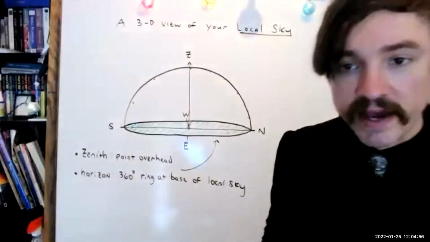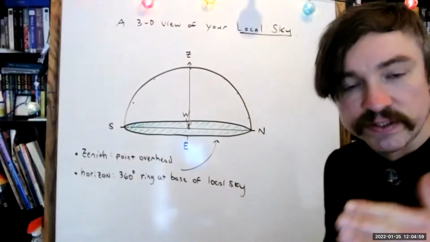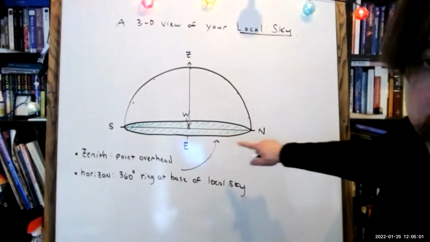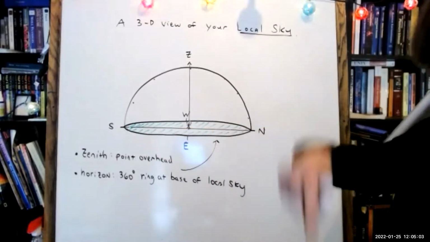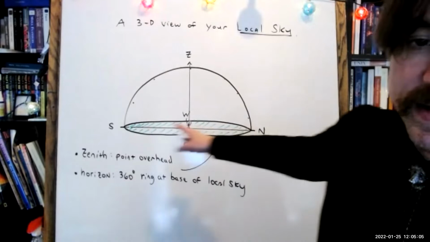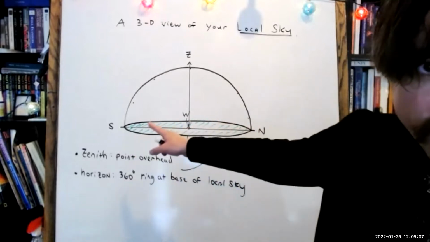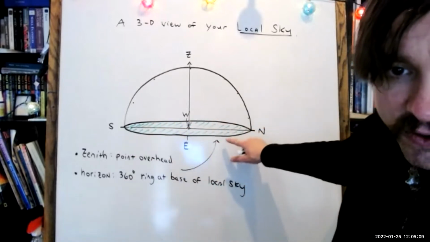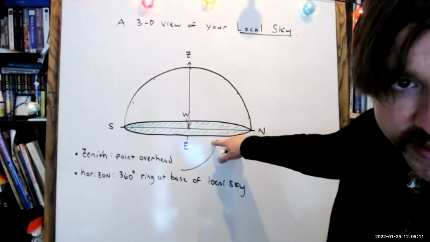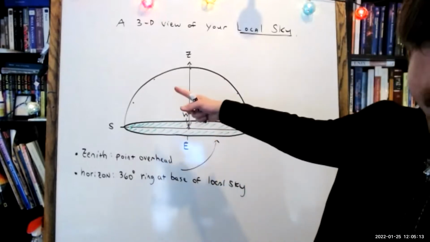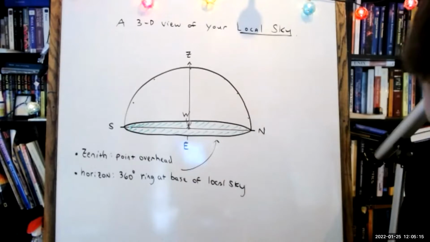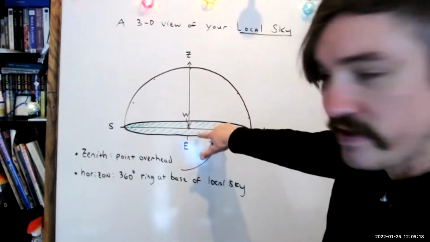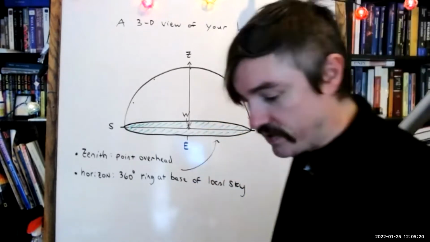We tend to think of the horizon as a location on the ground, but for astronomy purposes, the horizon ring is actually a location on your local sky, right? So a star will rise on your eastern horizon, move through the local sky, and set in the western horizon. And when stars are on the horizon, that means they're on that line, on that ring.